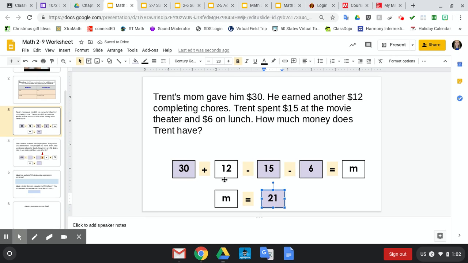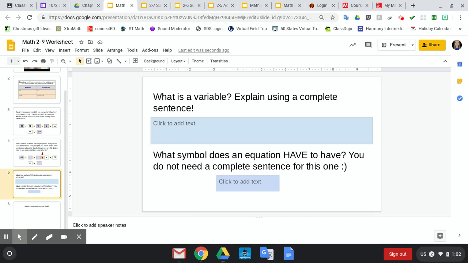Ta-da! Yes, there's more steps here than what we're used to, but whenever we lay it all out, we can go step by step and find our answer. So then I would say M equals 21. Ooh, I should label my answer. $21. There we go.